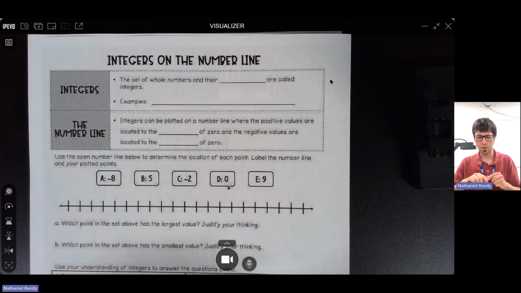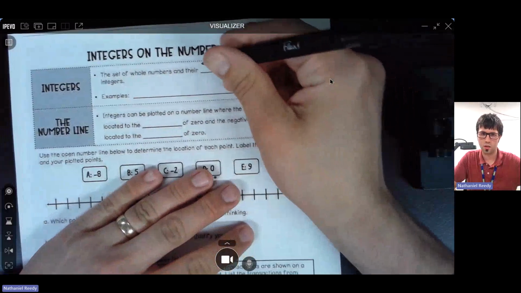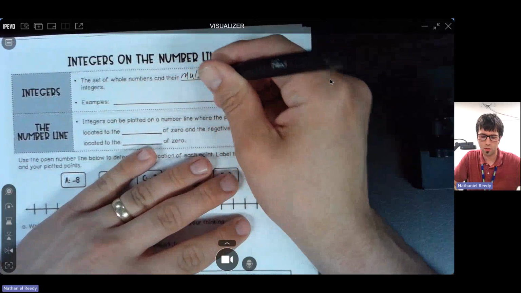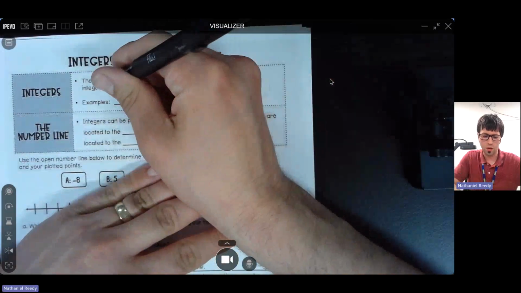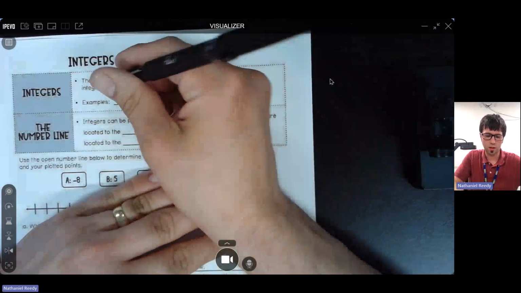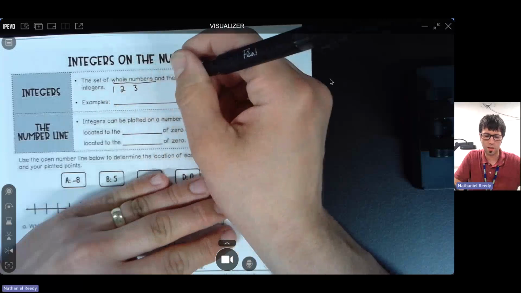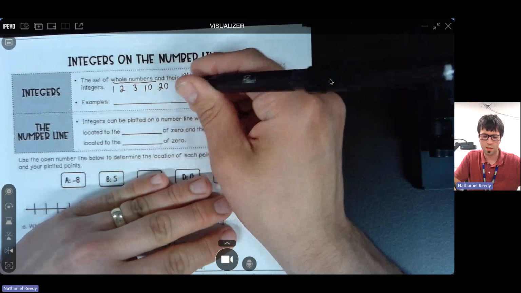Integers. The set of whole numbers and their multiples are called integers. Whole numbers are things like 1, 2, 3, and then I can skip to 10, 20, 67.